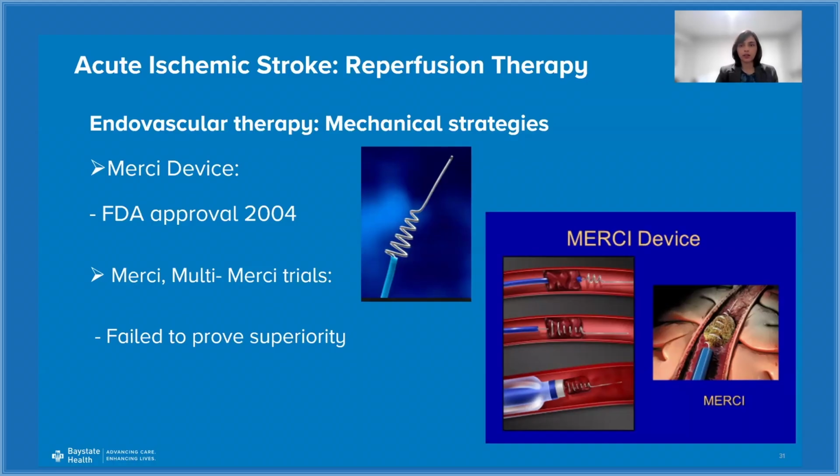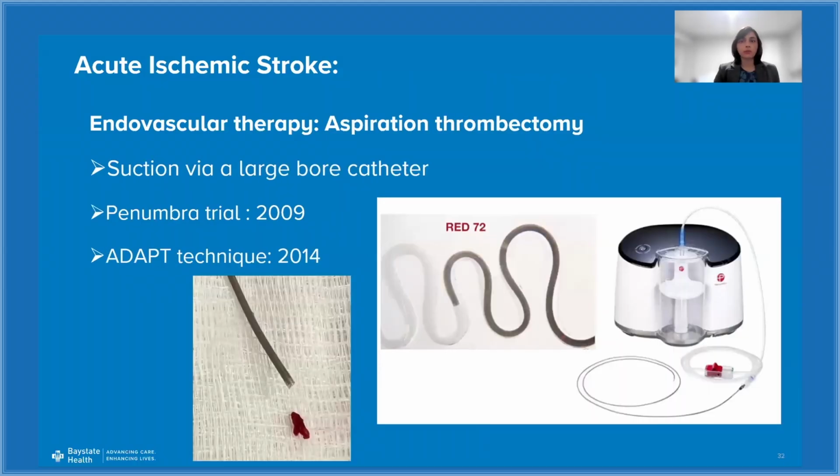The bleeding risk was high, and this kind of fell out of favor. Trials were done, and they failed to prove superiority of endovascular treatment over medical management alone. So again, we were still just left with IV thrombolysis being the sole treatment option.